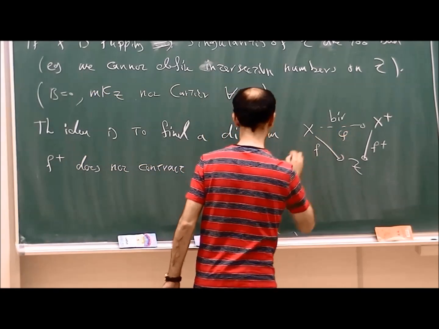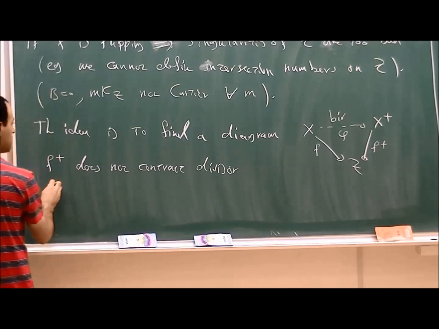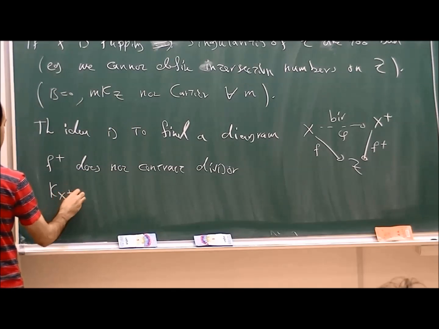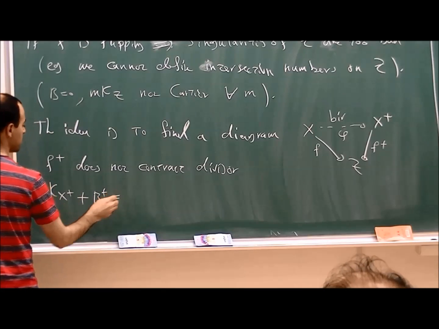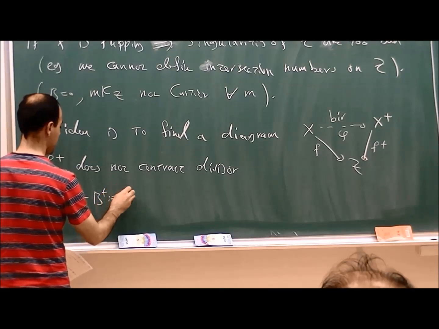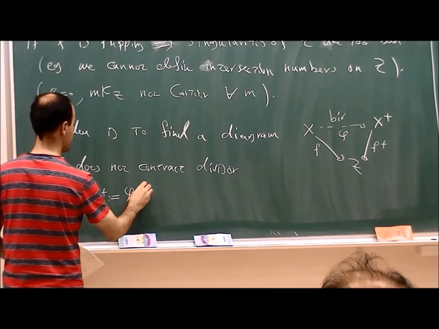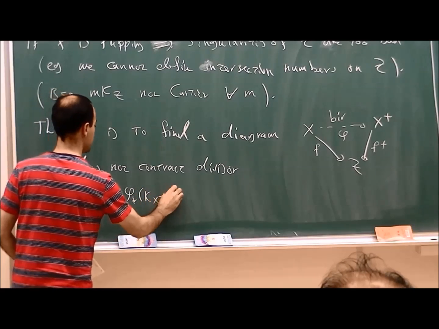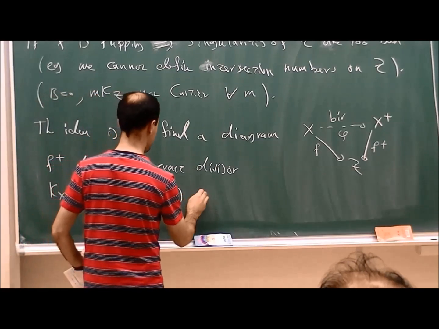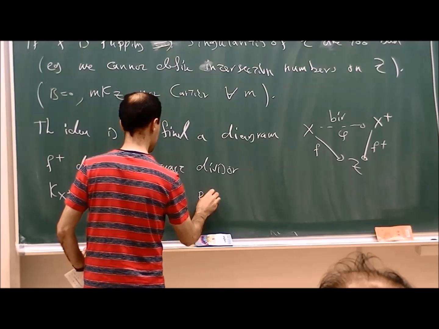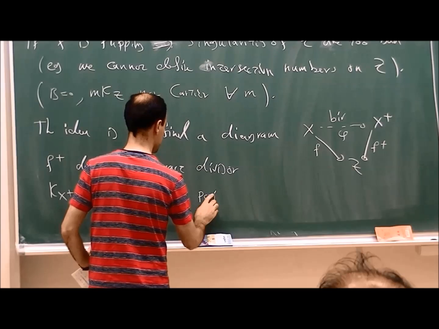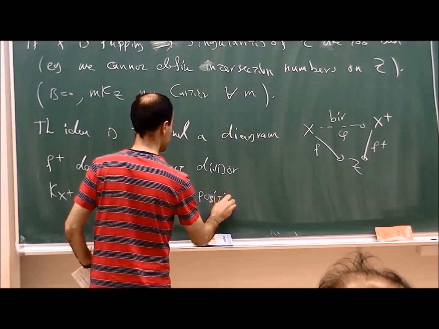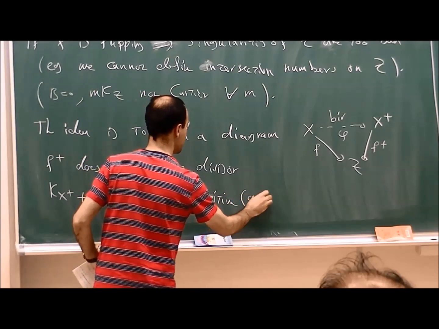Let me call this phi, and then what we also require is that K_X plus b plus, which by definition is just the pushforward of K_X plus b, is positive. For example, you can say ample.